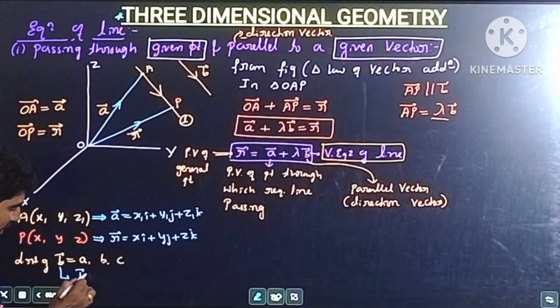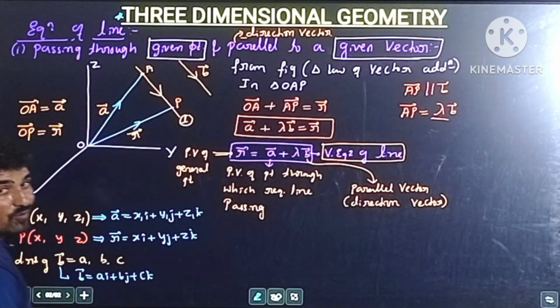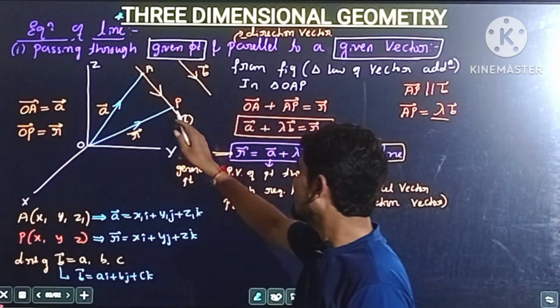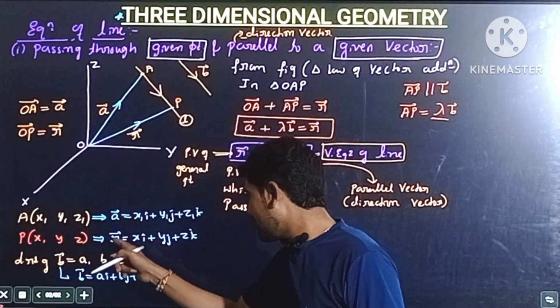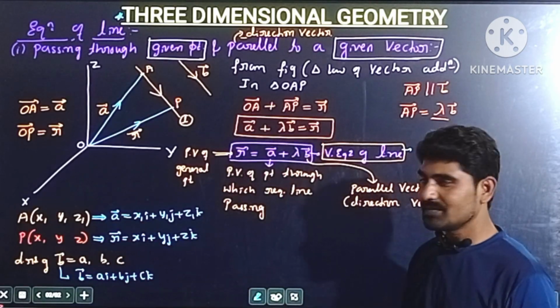It means the component form of B vector is a i plus b j plus c k. I hope all of you understood. For obtaining the Cartesian equation of this required line, use the values of A vector, R vector and B vector in its vector equation.